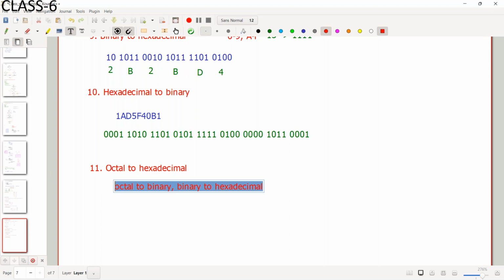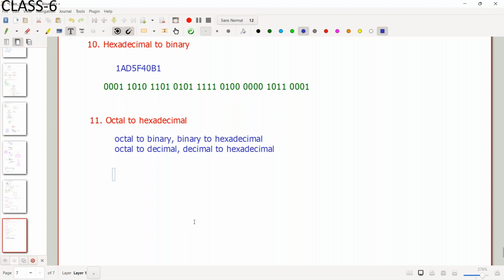Or we can even do octal to decimal and then decimal to hexadecimal. So that's our choice. Okay, we can go with one of these. So I'll choose the first one because that is comparatively easy. Octal to binary, then binary to hexadecimal. So I'll consider one octal number.